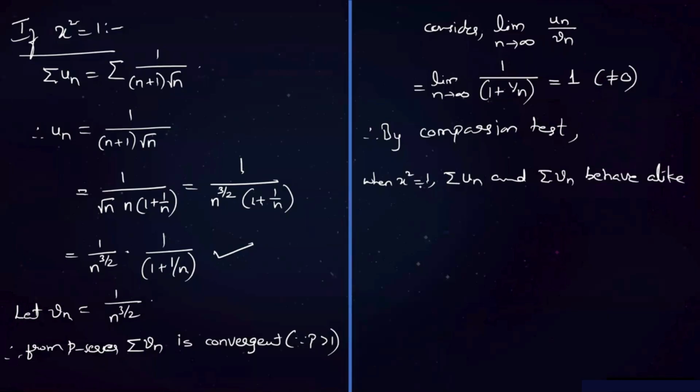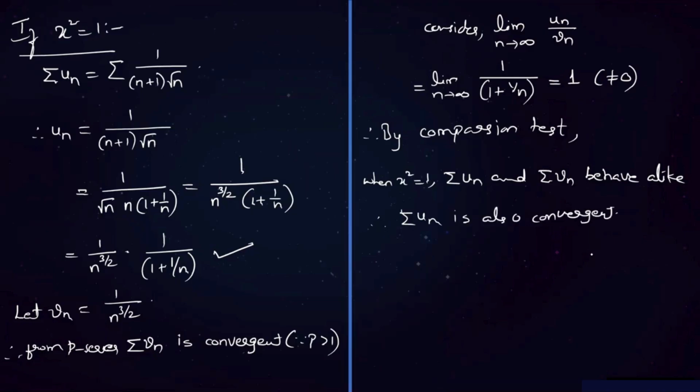Summation un is only in the case of x square equal to 1. These two behave alike. Therefore, since summation vn is already convergent, we can say summation un is also convergent.